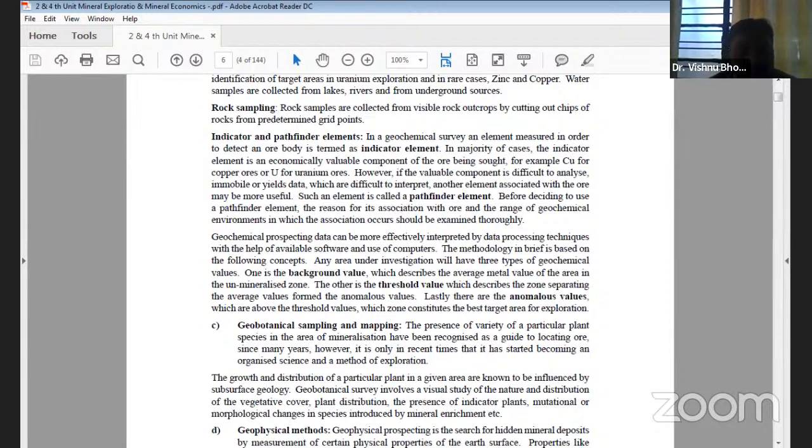In geochemical prospecting, data can be interpreted more effectively by data processing techniques with the help of available software and the use of different computers. The methodology in brief is based on the following concepts. Any area under investigation will have three types of geochemical values.